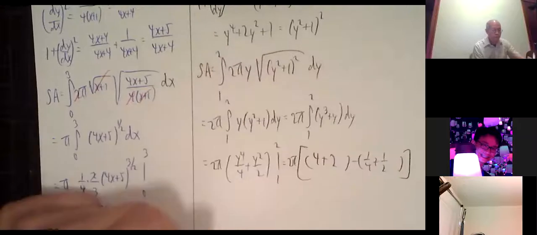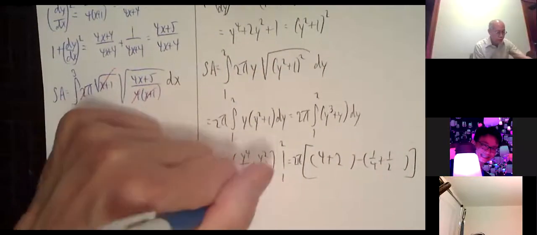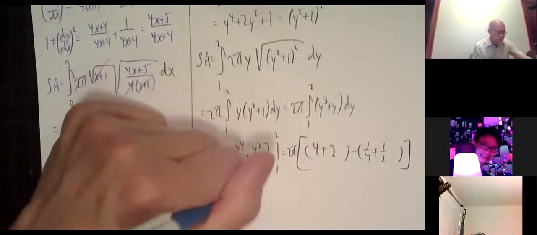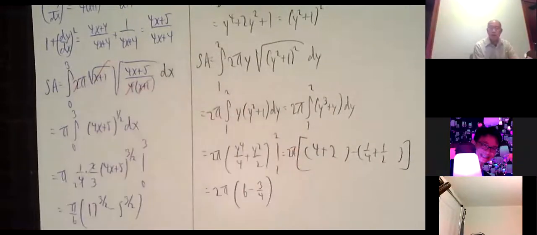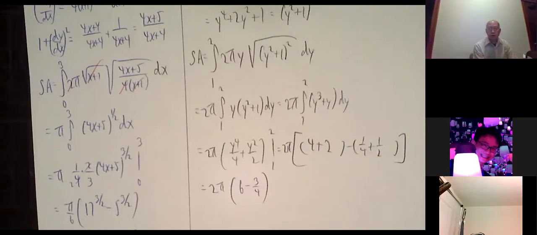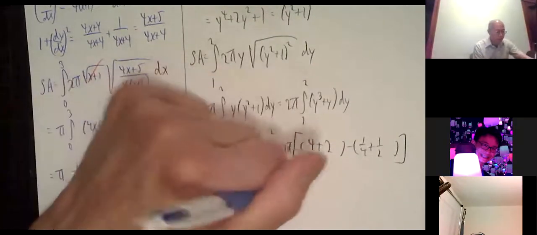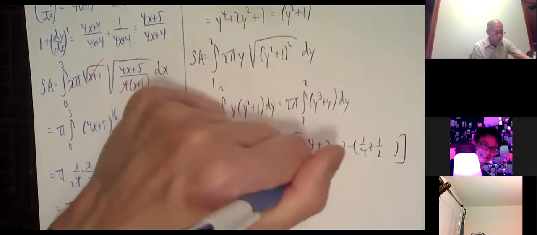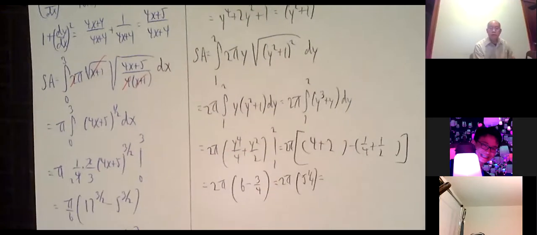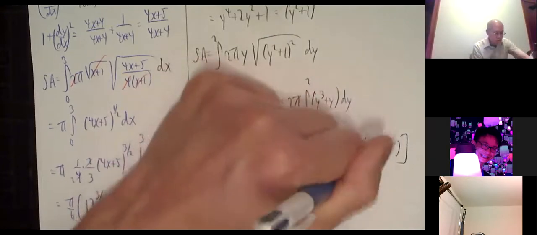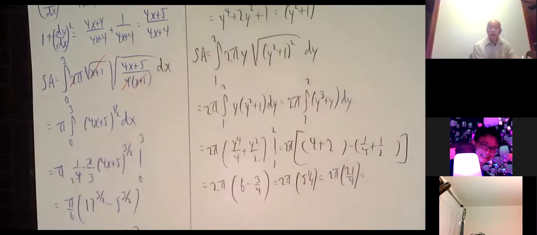Plug in 1: 1/4 plus 1/2, which is 3/4. So 2 pi times (4 plus 2 is 6) minus 3/4. 6 minus 3/4 is what? 5 1/4. That's 21 over 4. Cancel the 2 with the 4. 21 pi over 2.